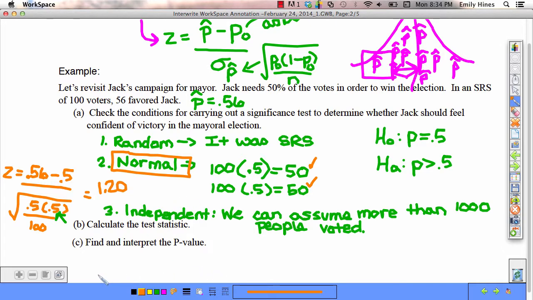So to find and interpret my p-value, I just go back to my good old trusty table A, and I want greater than 1.2.